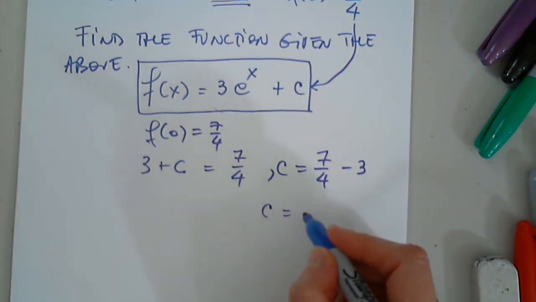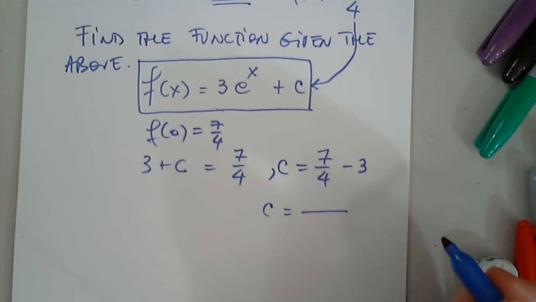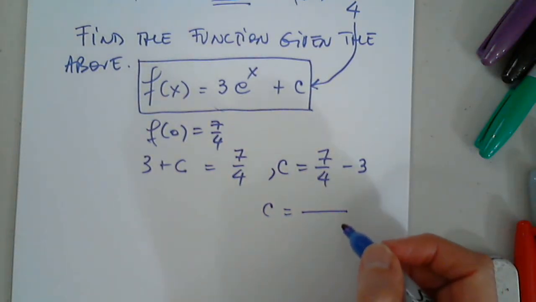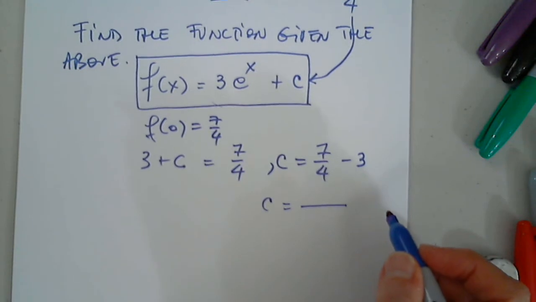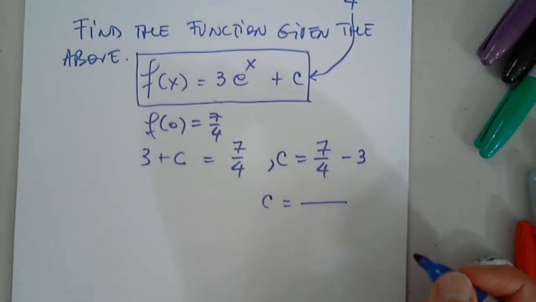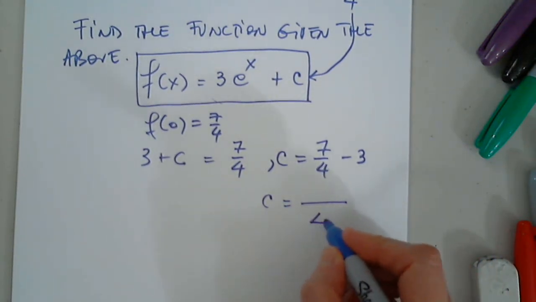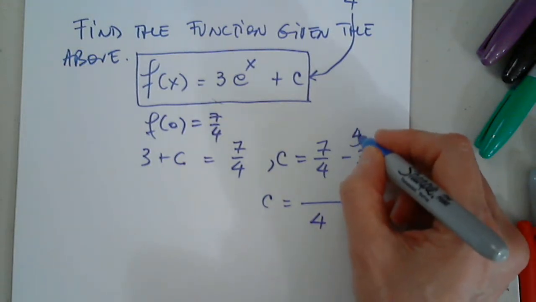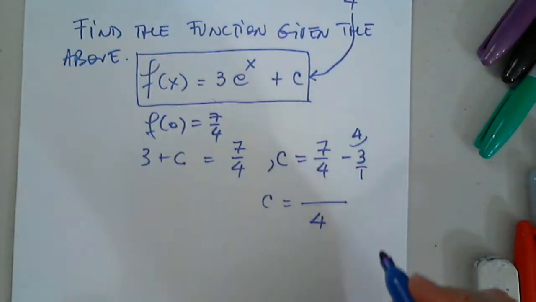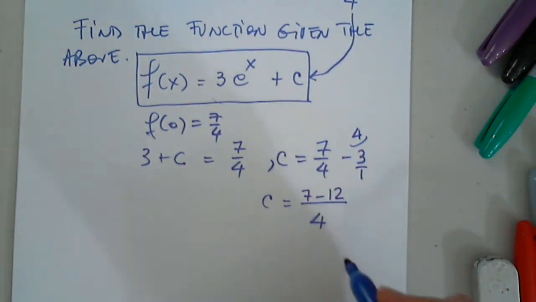What is the least common denominator here? Anyone? There is only one denominator, so the least common denominator is 4. Yes, and we multiply the top by 4 because it's over 1. So this is 7 minus 12.